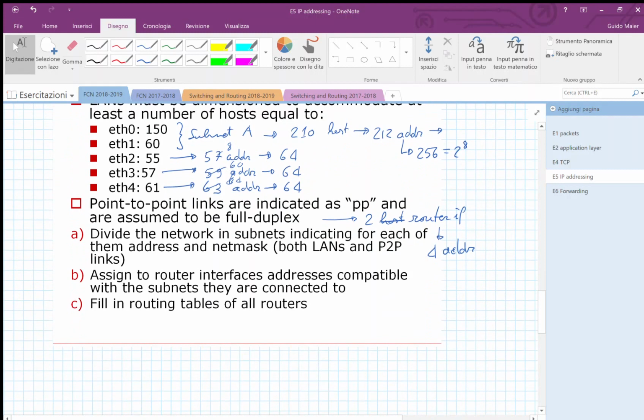So now we know that we start from a /23 space, which is the overall network.